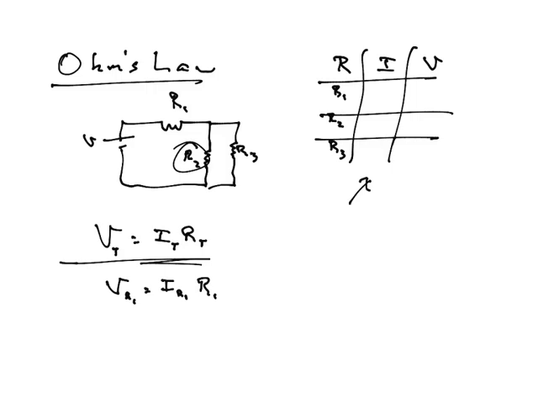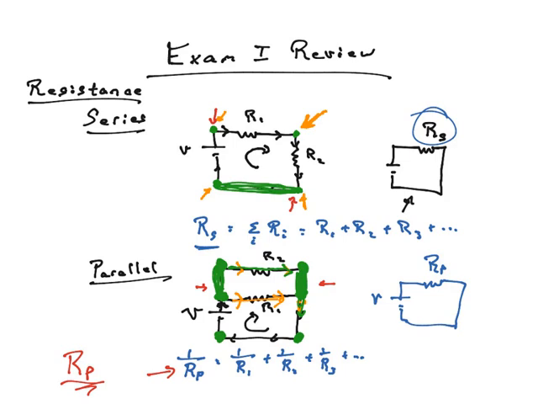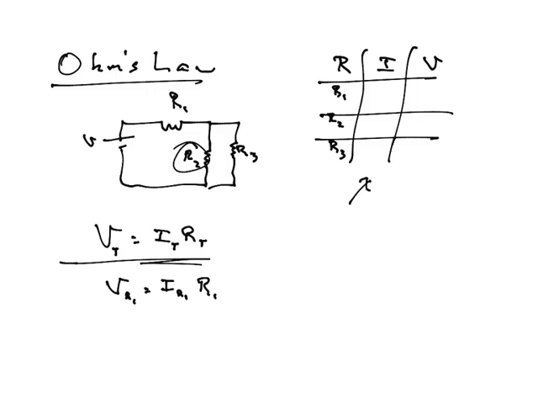A higher resistor will drop more voltage than a smaller resistor. But the current that runs through each is the same, because as we saw in these examples for series, if the current goes through R1, and R1 and R2 are in series, then that same current has to go through R2 as well, by definition.